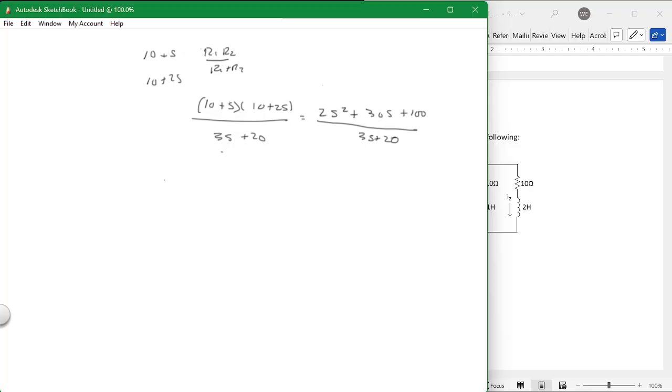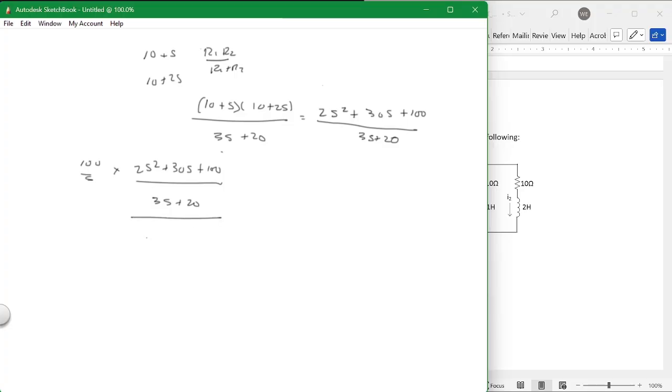Now all you've got to do is say, okay, so what is the voltage across the output? The voltage across the output is 100 over S times 2S squared plus 30S plus 100 over 3S plus 20.